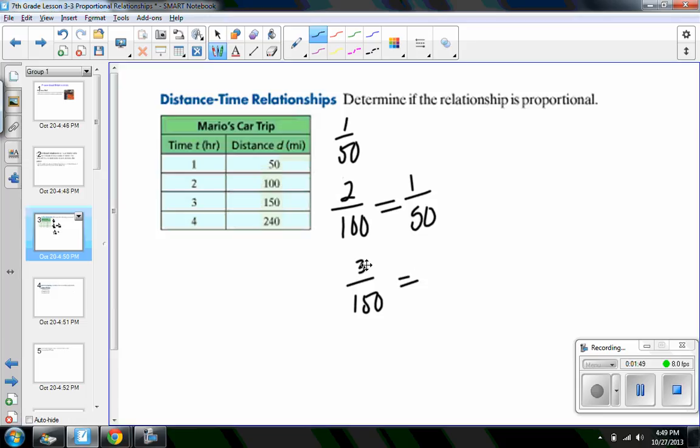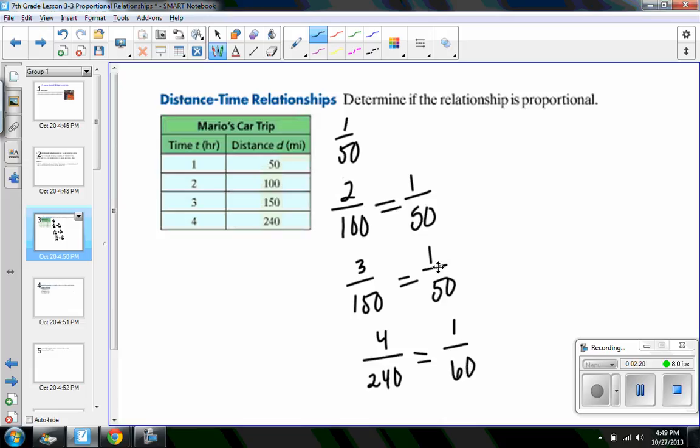So let's take the next one, 3 over 150. Again, I want to simplify, so divide the top by 3, the bottom by 3, and we get 1 to 50. And the last one, 4 to 240. So I'm just taking the input and putting it over its corresponding output. So if I divide the top and bottom by 4, I'm going to get 1 over 60.